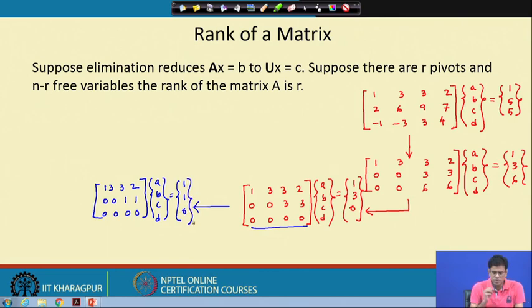So now you see we can also go for pivots. That means here what will be the pivots.